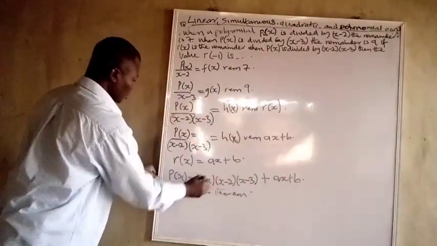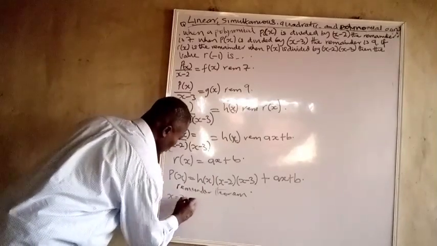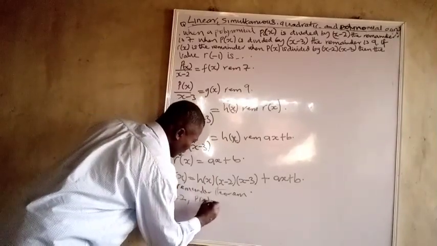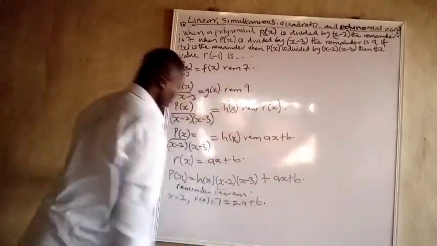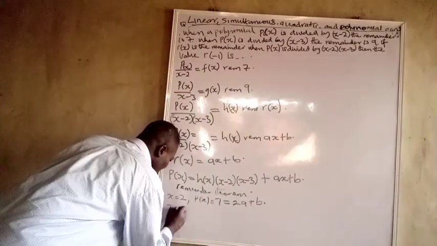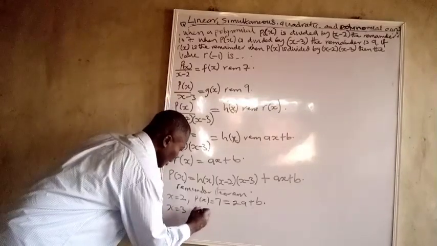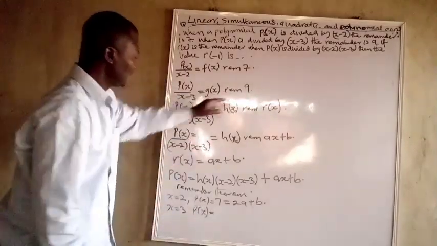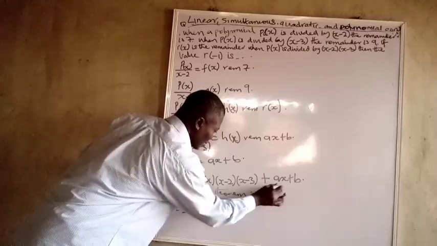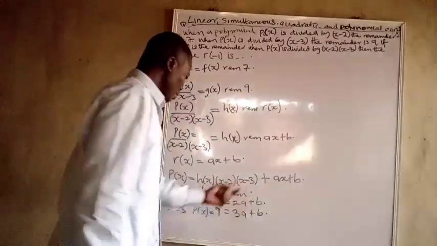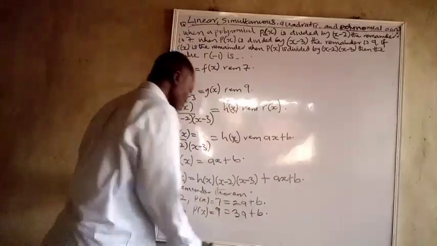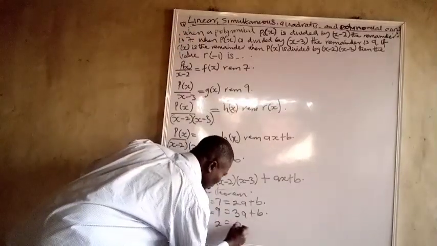So when x equals 2, px is equal to 7 and is equal to 2a plus b. When x equals 3, px, that is the remainder, is equal to 9, and that will be 3a plus b. So subtracting 1 from 2, we have 2 equals a.